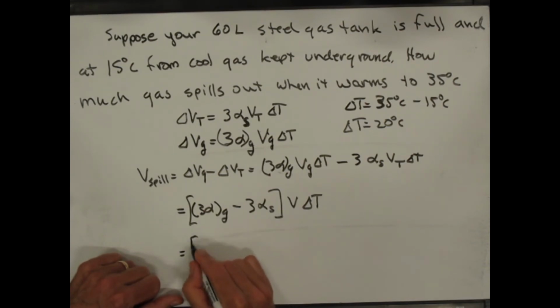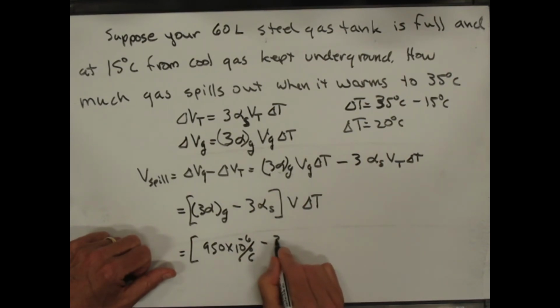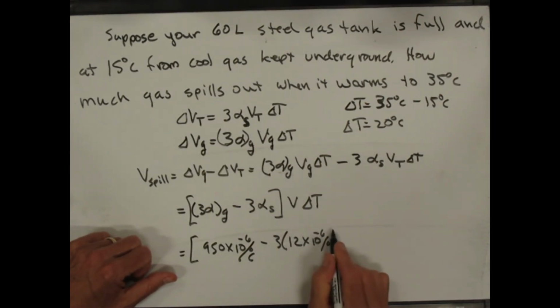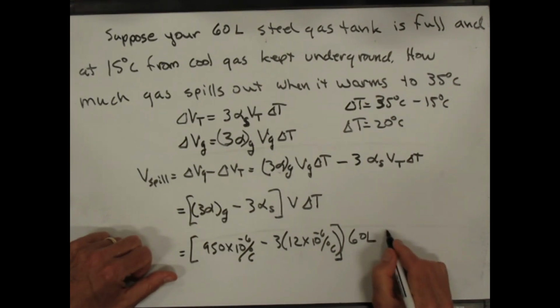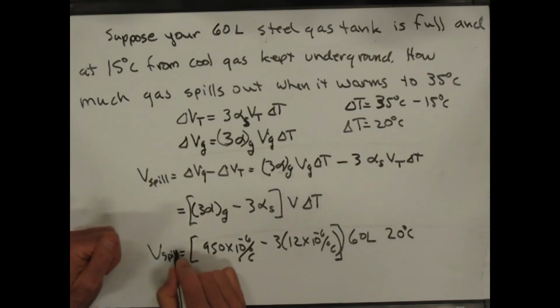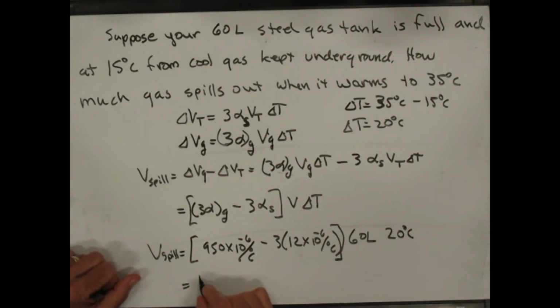Right. And so this is 950 times 10 to the minus 6 per degree C, minus 3 times 12 times 10 to the minus 6 per degree C, times 60 liters times 20 degrees C. When I evaluate that, I get about 1.1 liters.